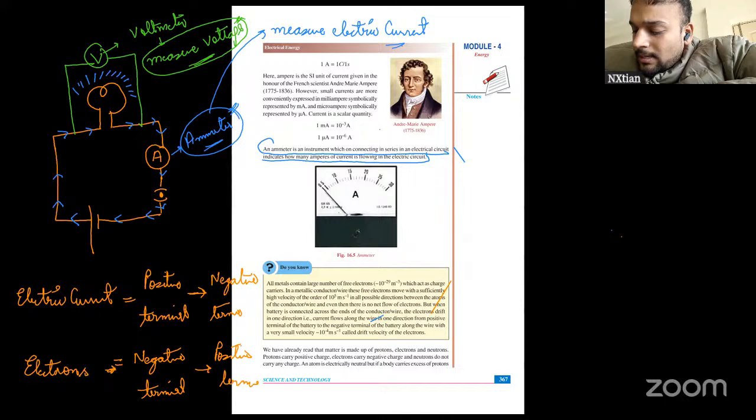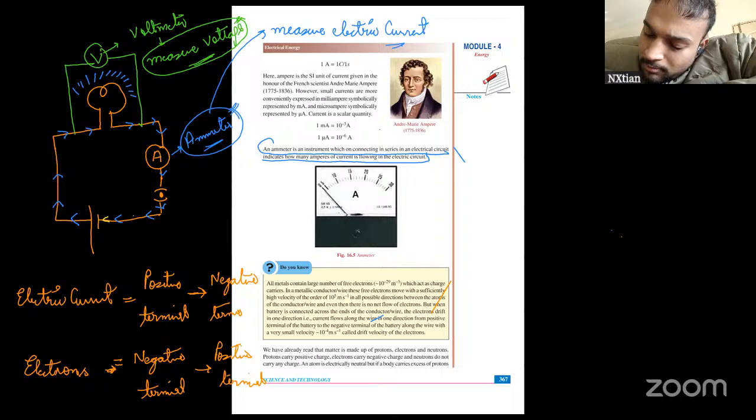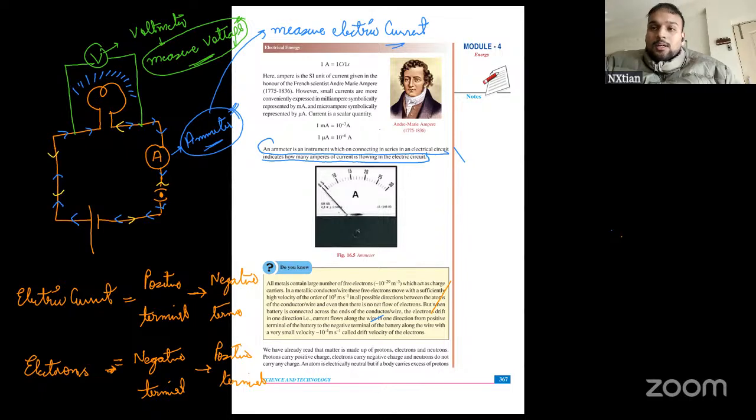These yellow ones are the electrons. Wherever the electrons are moving, for example, if electrons are moving to the west, the electricity moves in the east direction.